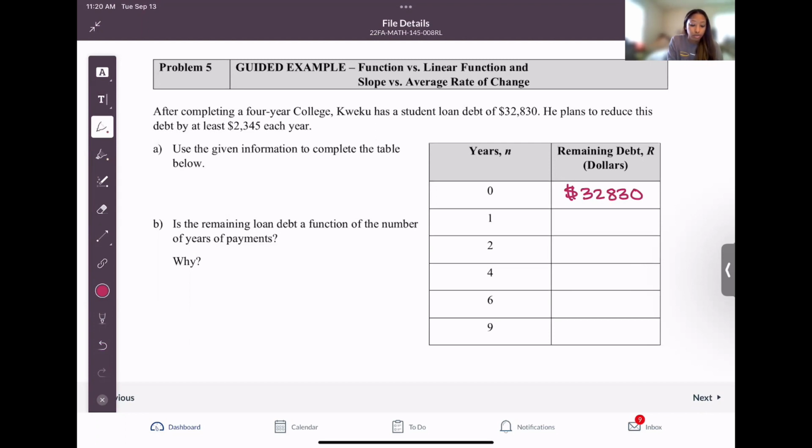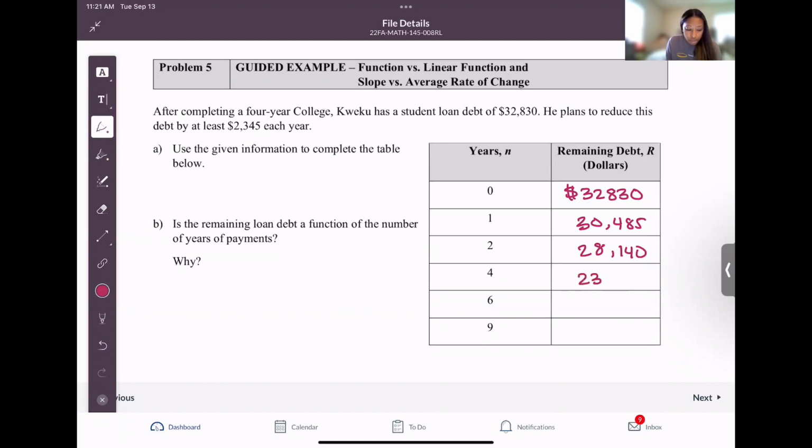So $32,830, and then if we subtract $2,345, after 1 year, he's down to $30,485 in debt. After 2 years, he's down to $28,140 in debt. And then after 4 years, we have to subtract 2 times.